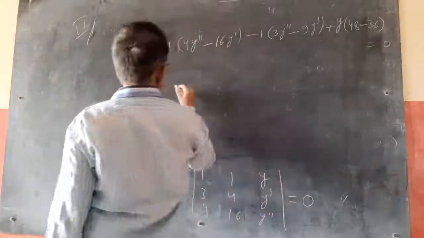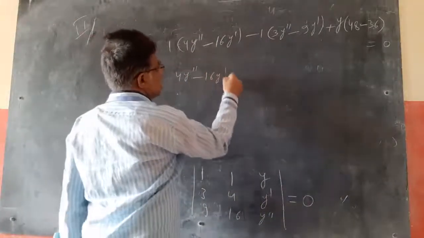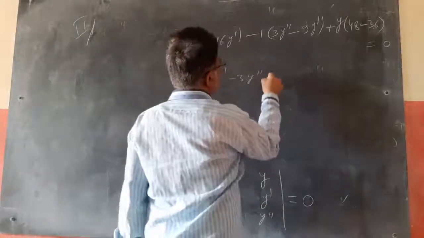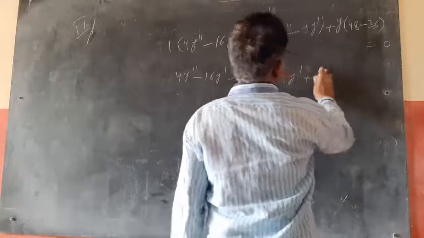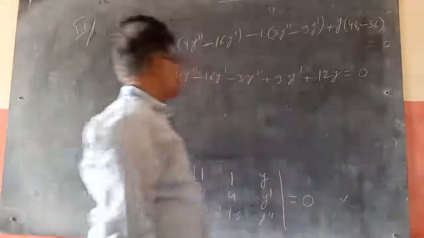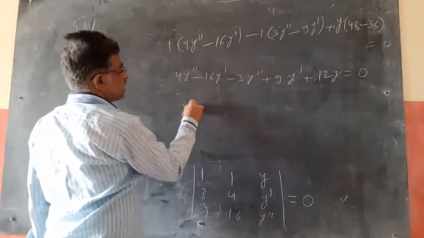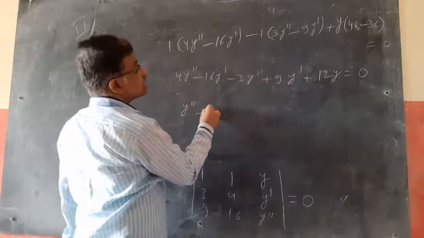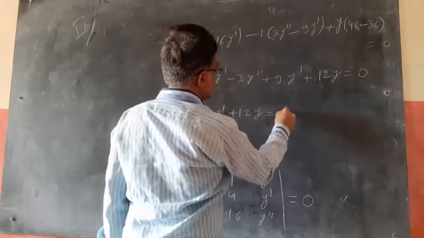So this is 4y double dash minus 16y dash minus 3y double dash plus 9y dash plus 48 minus 36 is 12y, equal to 0. Now this becomes y double dash minus 7y dash plus 12y equal to 0. This is the final equation.